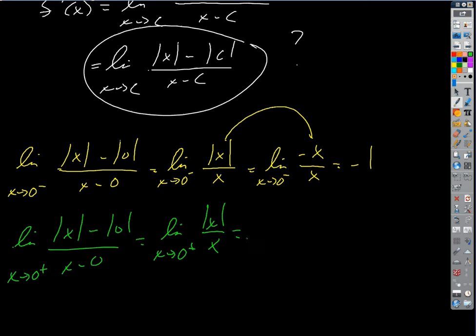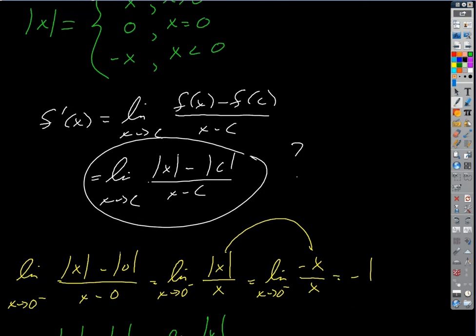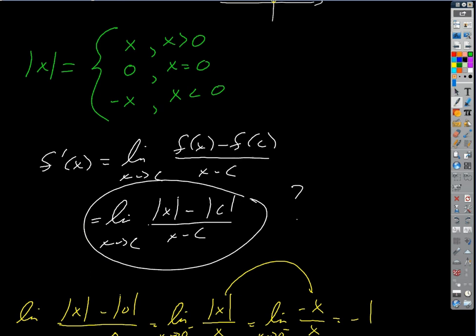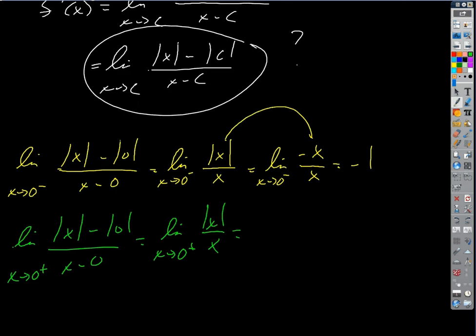For positive values, 1. For positive values of x, the absolute value of x is just x, isn't it? Oops, I got to write limit. I'm not going to get lazy. Because we haven't evaluated the limit yet, you have to keep dragging that limit notation along.